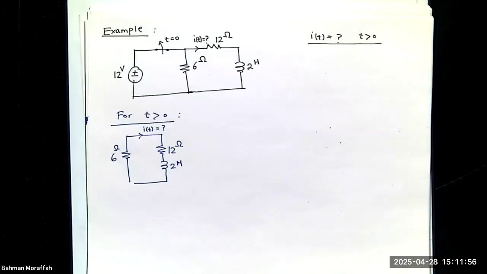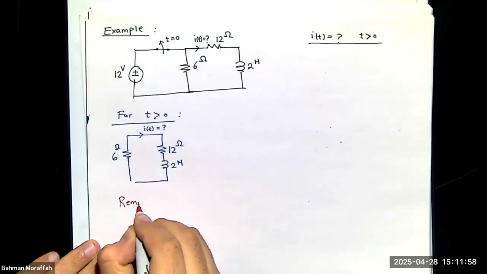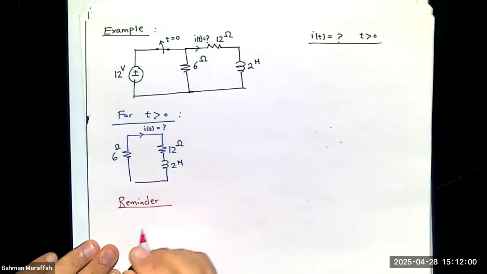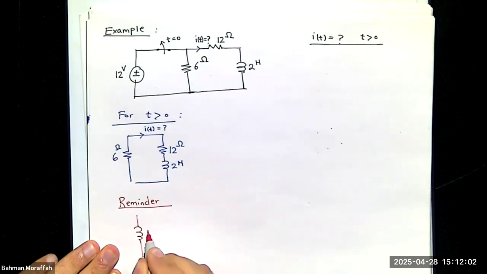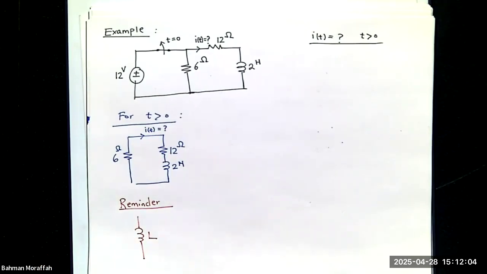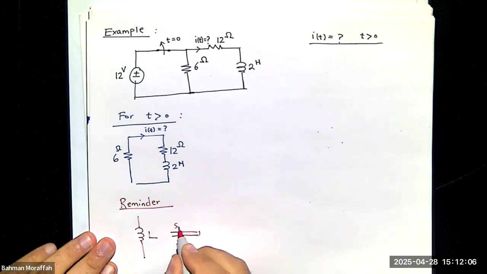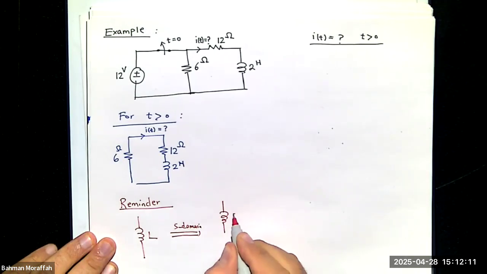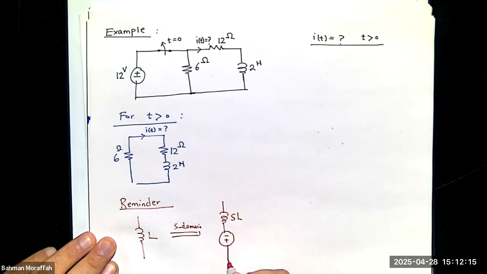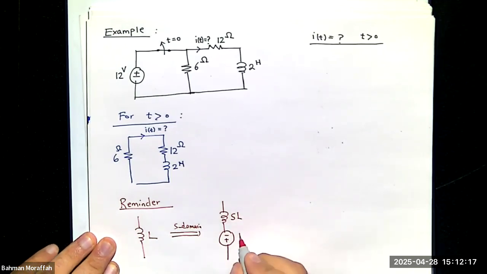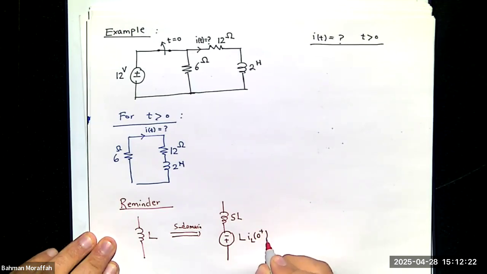So, reminder: if I have an inductor with value L in the time domain, and I go to the S domain, this inductor becomes sL, followed by a source with value L times iL at time 0 plus.